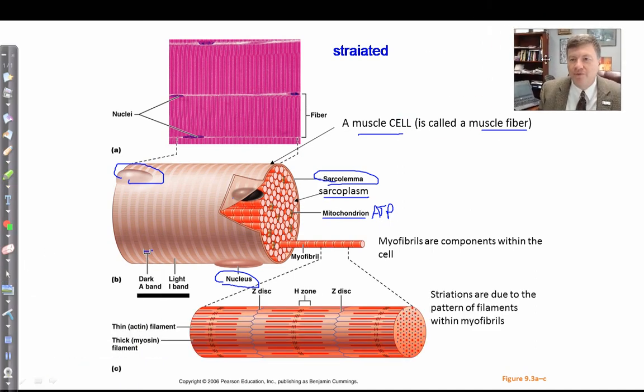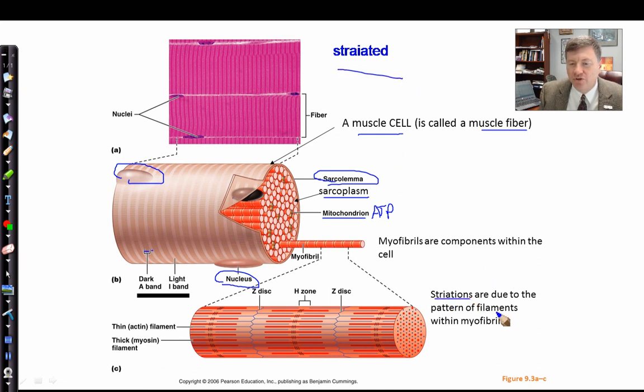Let me move. So if I were to blow up this section here and look very carefully at what I'm seeing from here to here, this is a blown up version of a myofibril. And the striations, striated, are due to the patterns of filaments within the myofibrils, and we'll look at those in just a second.